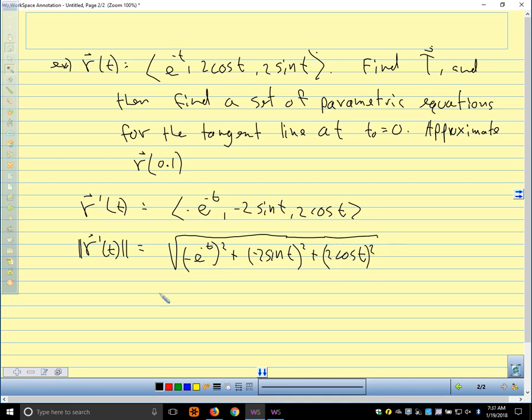And what does this simplify to? E to the minus 2t plus 4, and we're taking the square root of that.